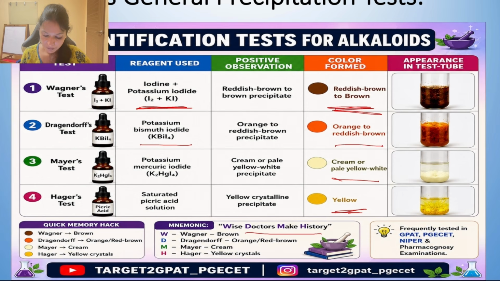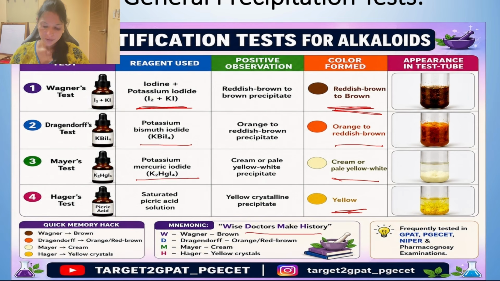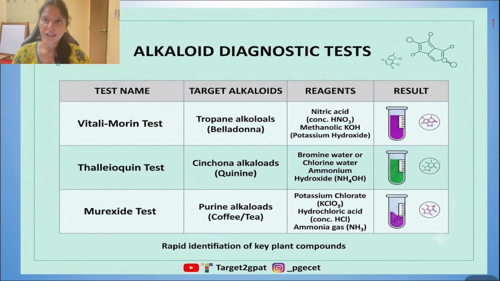You can remember potassium mercuric iodide is the reagent used, and here it will become cream, or we can say more or less pale color, that is pale yellow white precipitate will be formed. Cream or pale yellow white. Make history. So hope we will also make history soon with this quick mnemonic.